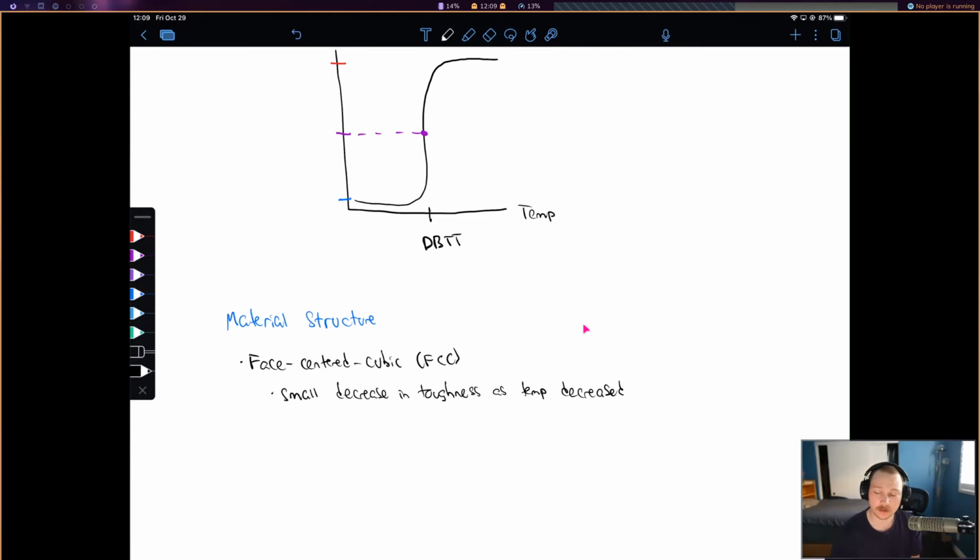So these materials are going to be good to use in low temperature environments because that toughness, even when we're getting colder and colder, is not going to go down too much.